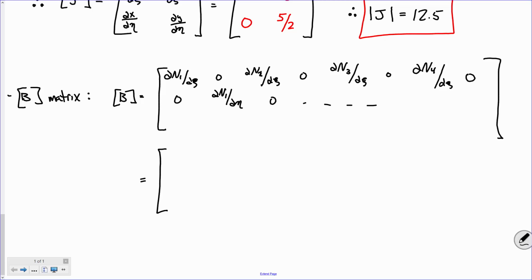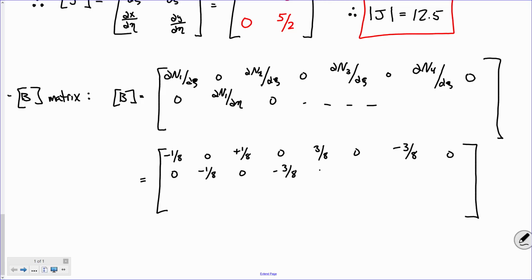Now, keep in mind, I know we've got a bunch of symbology, but ultimately this is all numerical. What is the derivative of N1 with respect to xi? We already did that. It was minus 1/8, right? Minus 1/8. There's no symbology. This B matrix is now a number. It's minus 1/8, 0, and then plus 1/8, 0, and then 3/8, 0, minus 3/8, 0, and then 0, minus 1/8, 0, 0.